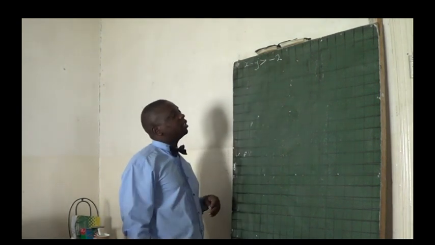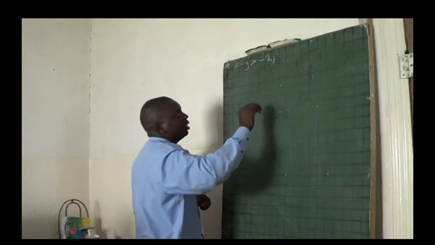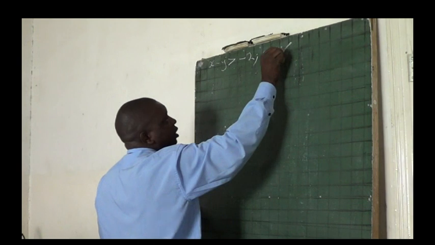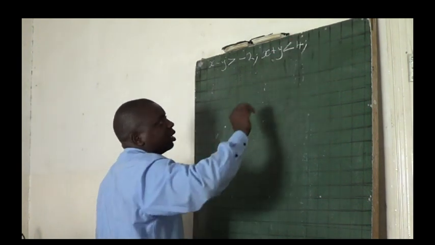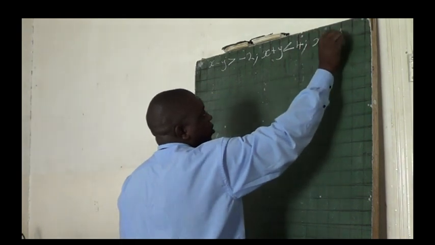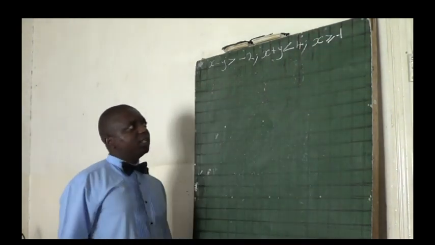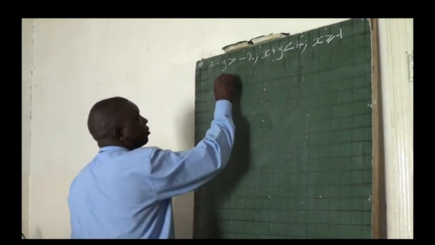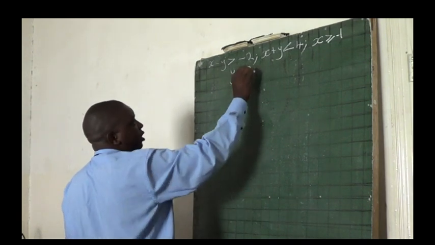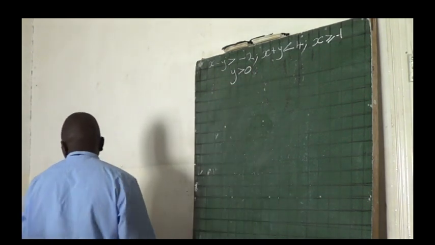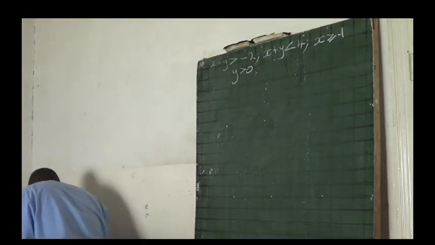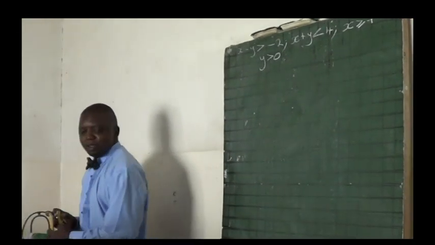Right. Next. x plus y is less than 4. Then greater than or equal to minus 1. And y is greater than 0, just greater than 0. Alright. Then I will get the first one.